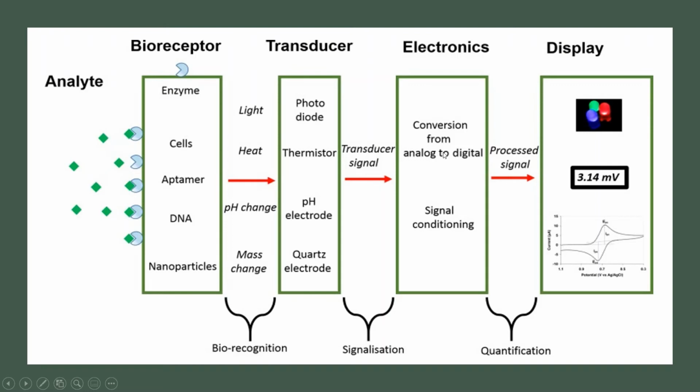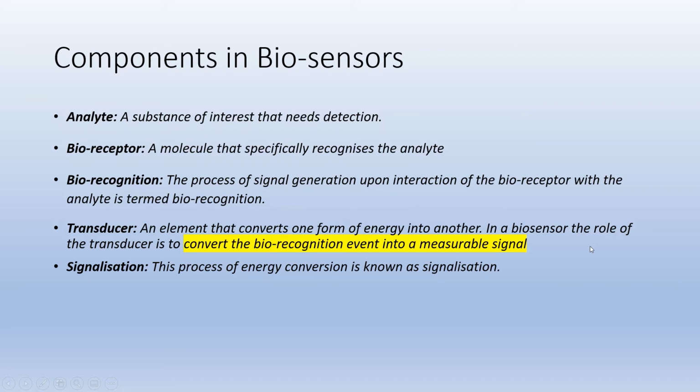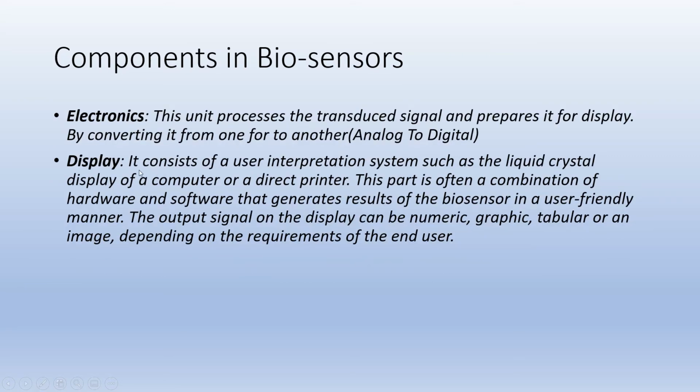Now the output of these analog signals are known as processor signals. These processor signals would be named as quantification signals. Now these quantification signals are given to display devices. Now let us see what is this display sector. Display.